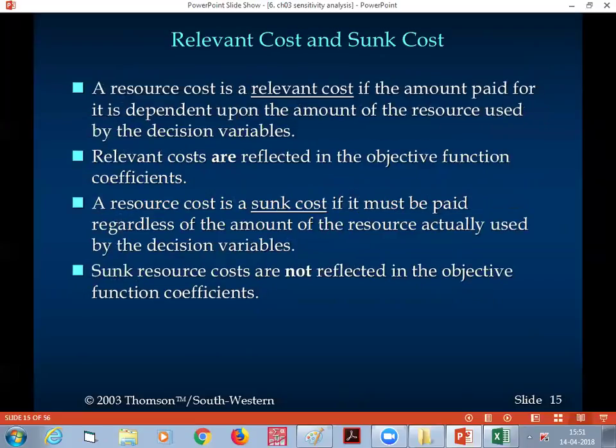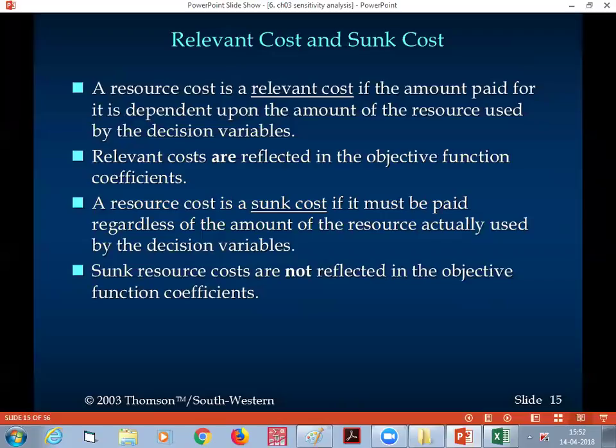Now, before we go further, we need to talk about two types of costs: a relevant cost and a sunk cost. This often plays an important role in determining how to interpret the dual value. A resource cost is a relevant cost if the amount paid for it is dependent upon the amount of resource used by the decision variables.